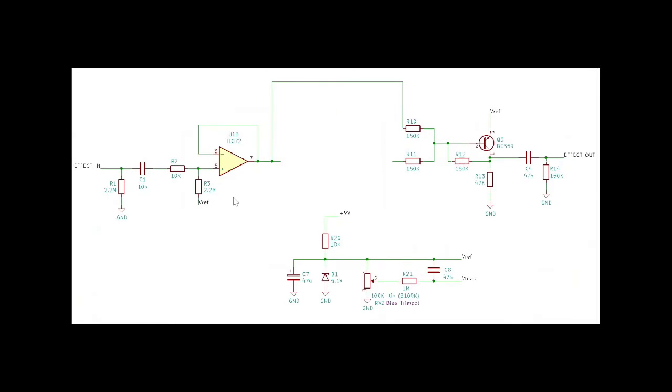I had to change some of the parts just because of what I had lying around. It shouldn't make any difference to the sound, but it's important to say, and I'll call them out a bit. But let's jump into this.